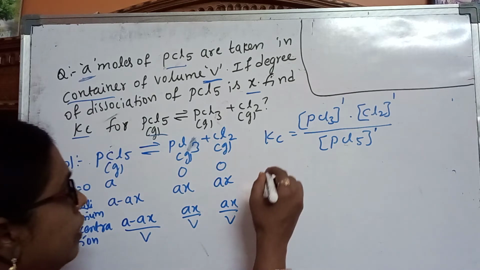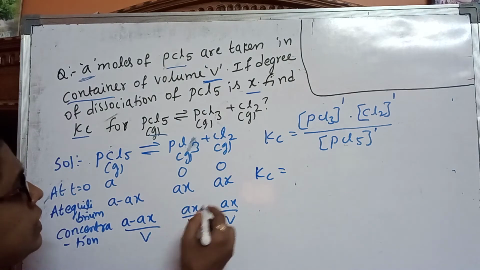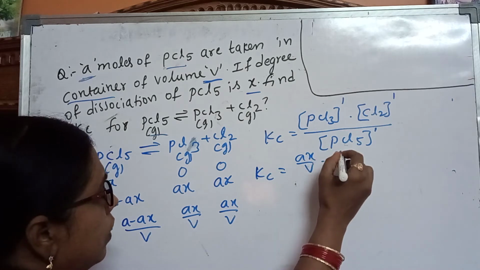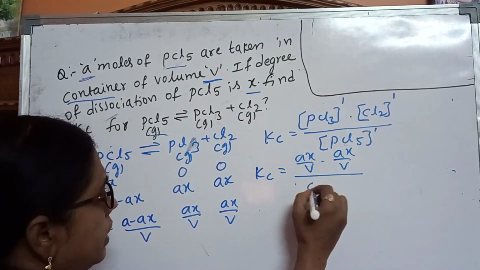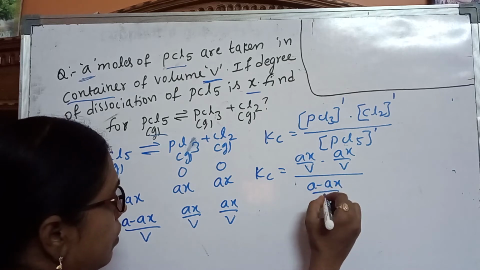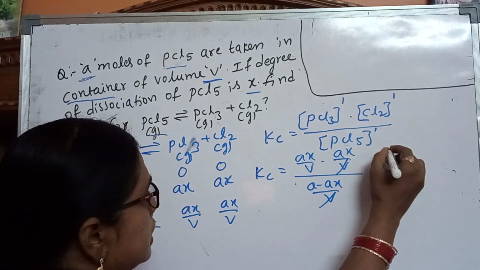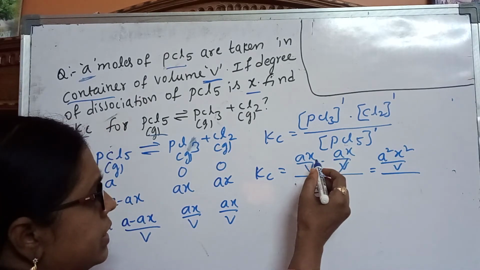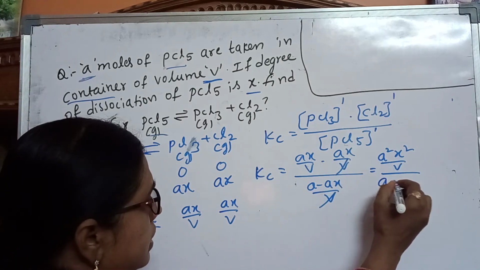So substituting the values, Kc is equal to: PCl3 concentration is AX by V, into Cl2 concentration AX by V, by PCl5 concentration A minus AX by V. The V gets cancelled, isn't it? What we get here is A square X square by A minus AX.